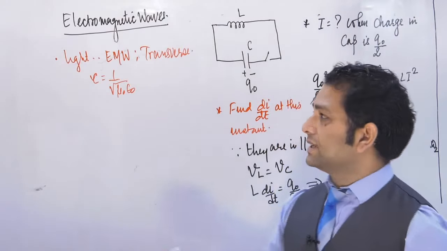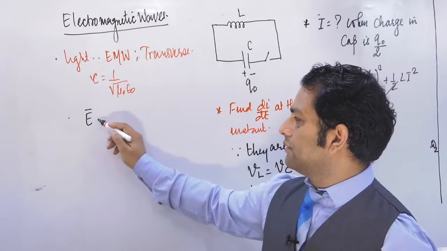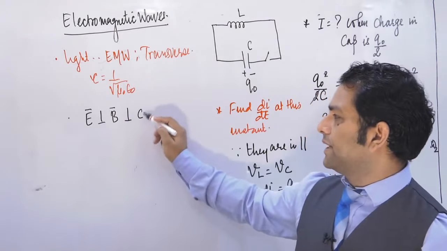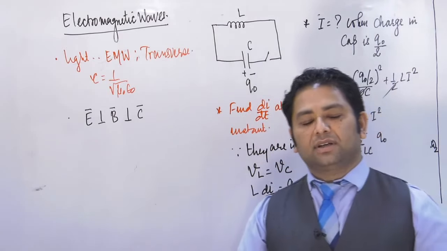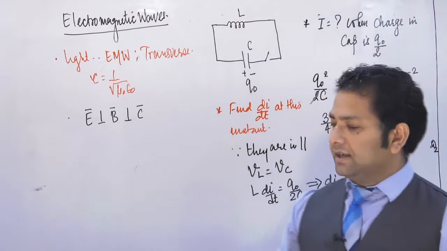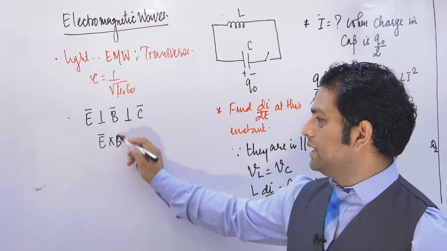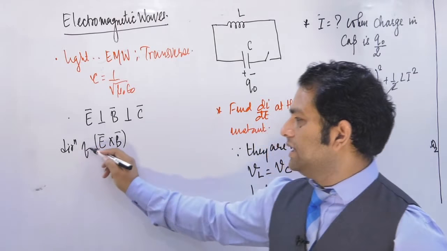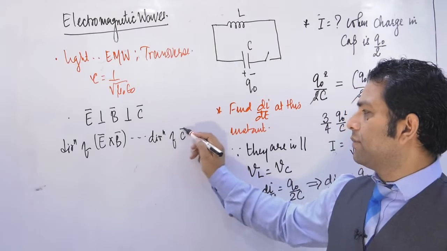The second property is that the electric field is always perpendicular to the magnetic field, and both are always perpendicular to the direction of propagation. On top of that, E cross B gives the direction of propagation.